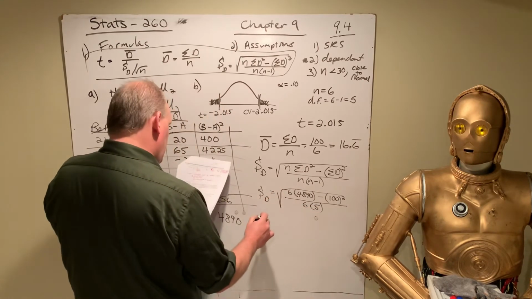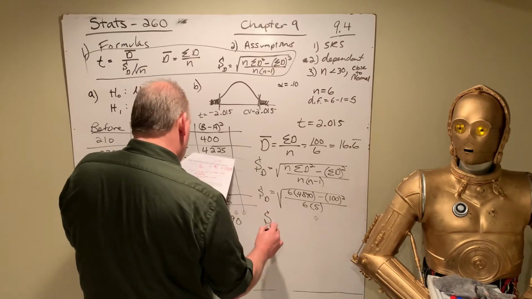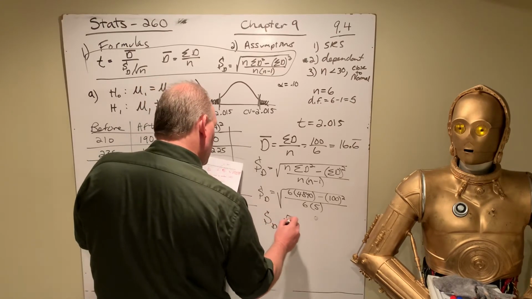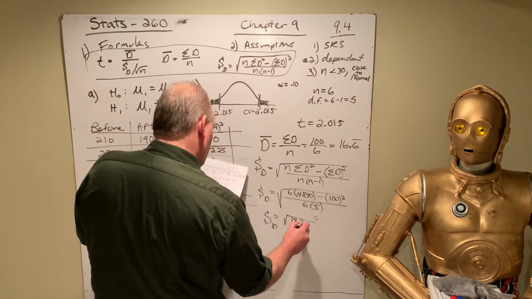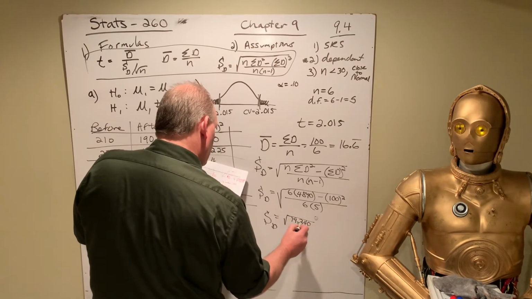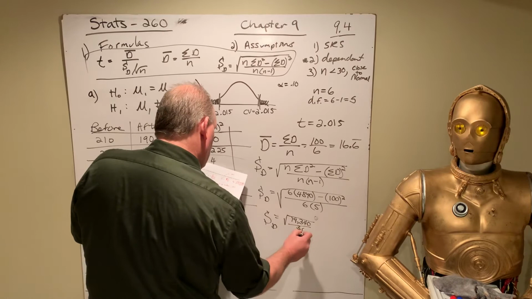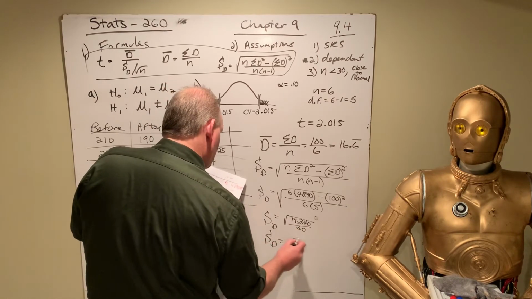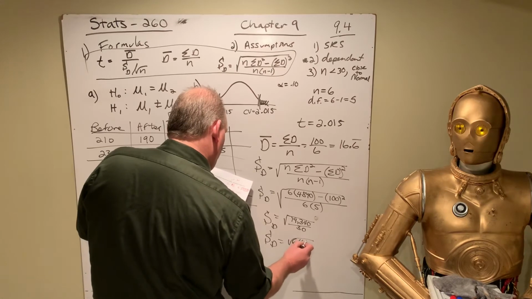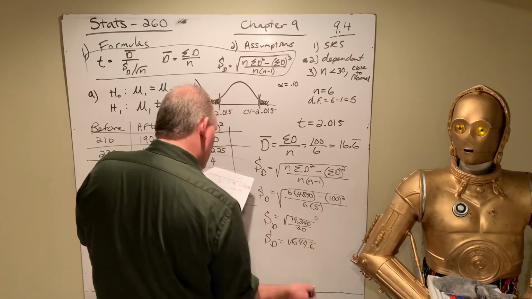So we got 30. So that is a standard deviation of, let's see, on the top, we get 19,340. On the bottom, we get 30. You do that again, that's the square root of 644.6 repeating.